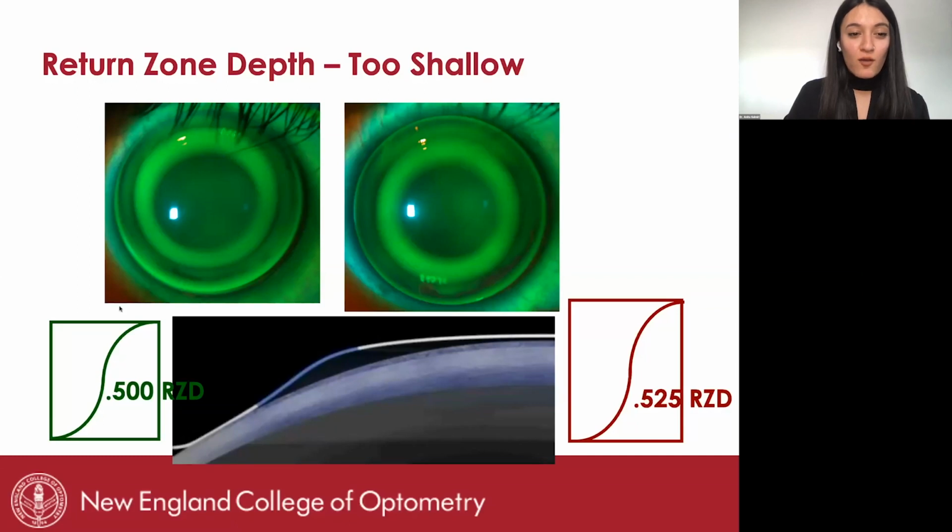So here we can see that the return zone depth is 500. So it's too close to the actual cornea, okay? And the lens is riding up, similar to regular GP lenses that tend to ride up when the lens is too flat. And so if we increase that RZD, we can then center that lens. So we're increasing the RZD, and we're decentering it more inferiorly, if you will.